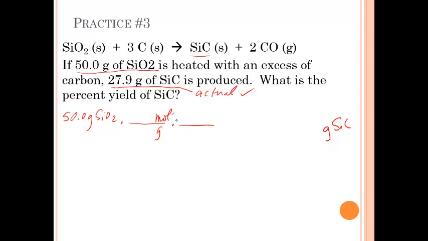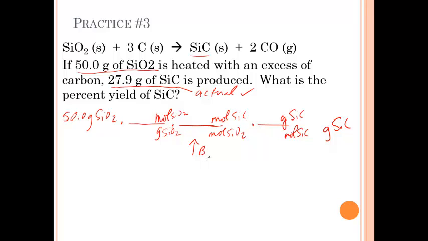Now you should be putting in your amounts, your numbers. You should also be writing in the formula, what formula you have. So we want to convert that to moles. We're going to want to do a mole to mole ratio. And lastly, we want to convert the moles of SiC into grams.